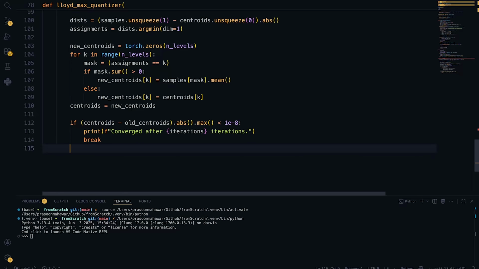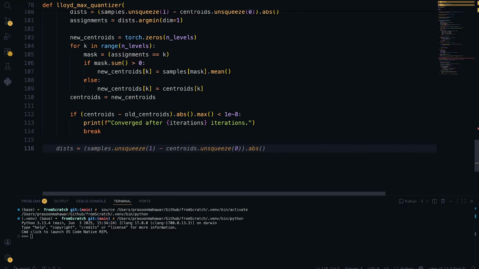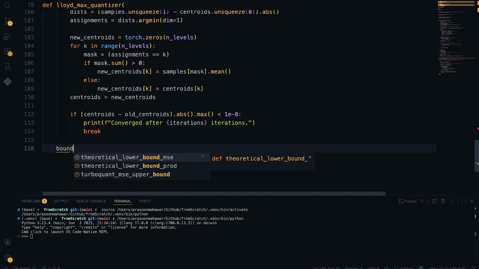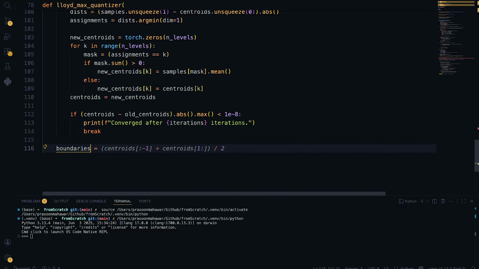the loop. Now we compute boundaries as midpoint between adjacent centroids. So boundaries will be equal to centroid slicing the centroid array, no, vector. Yeah, this is vector.